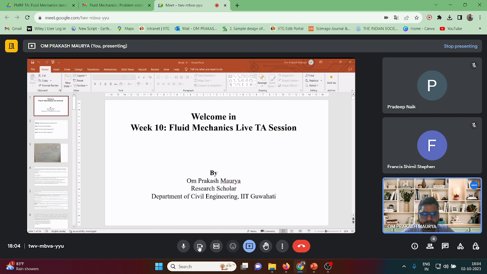The Pitot tube concept. I think Francis, you're clear in the previous classes. This class will discuss more about all your queries, and I hope today all your doubts will be cleared. So let us start.